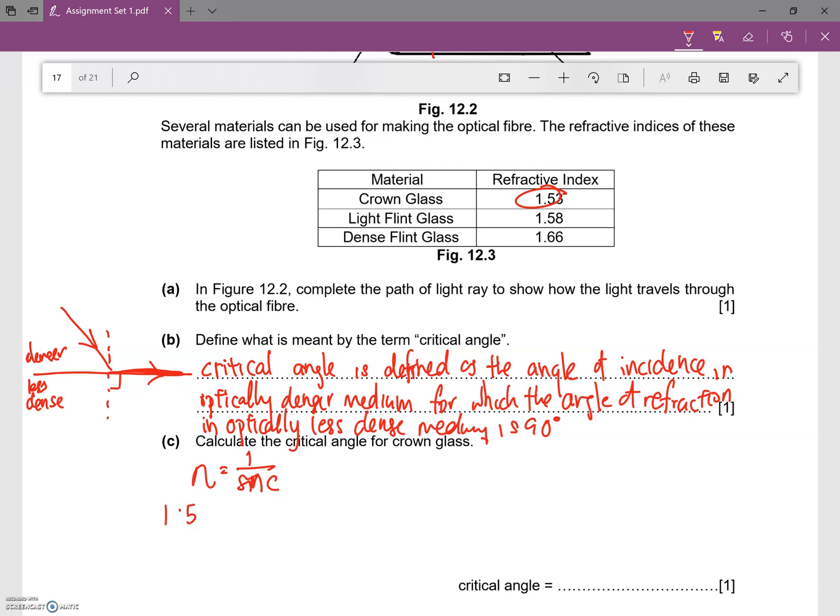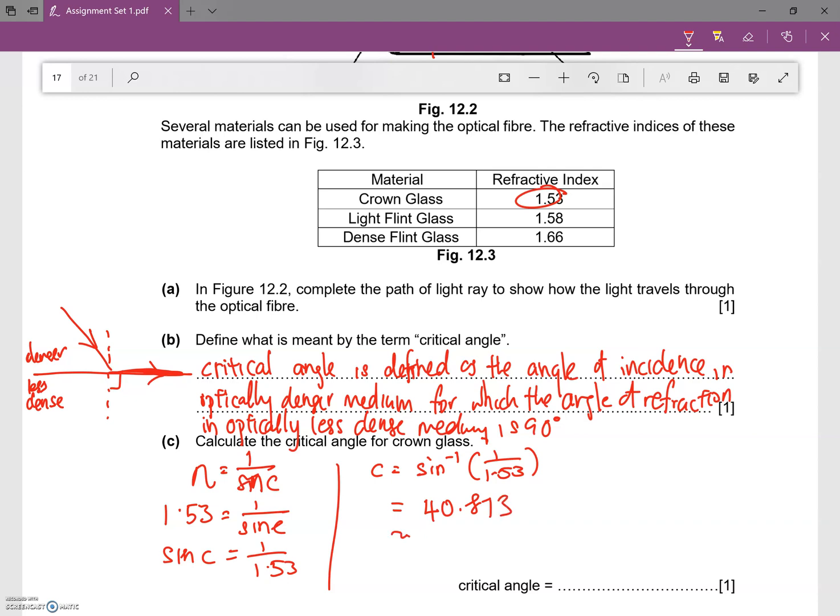So 1.53 equals 1 over sine c. So sine c equals 1 over 1.53. C equals arcsine of 1 over 1.53. What you're going to get is 40.813. For angles in the theory paper, always leave it to whole number. So 41 degrees. That's the critical angle, 41 degrees.